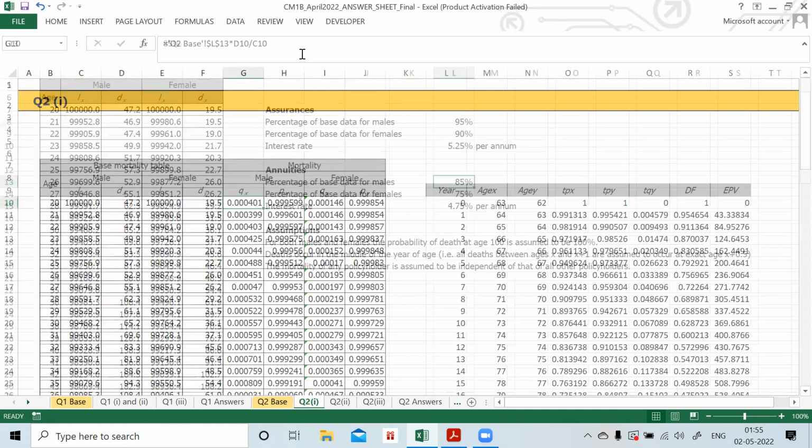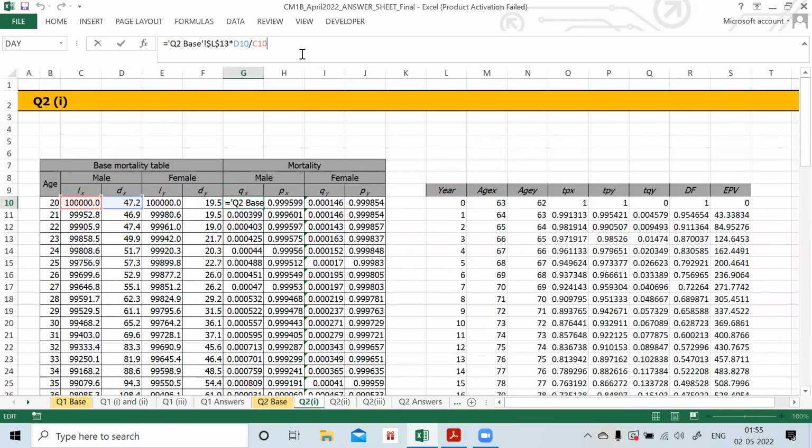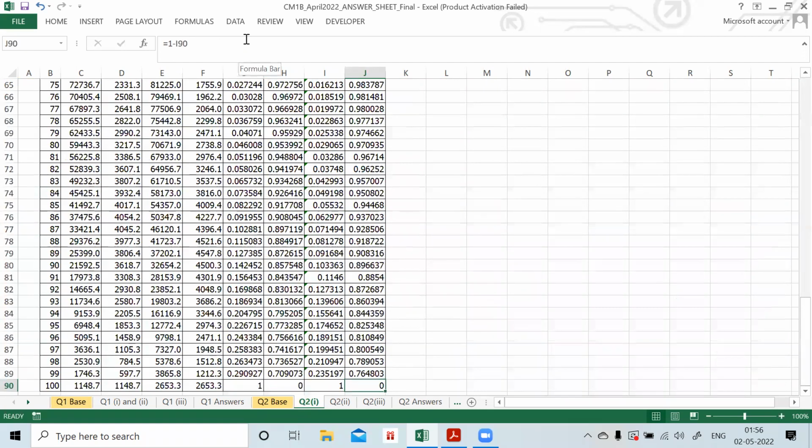So multiply 85% into dx by lx, which gives us qx, and px is nothing but 1 minus qx. Similarly, for females, we have 75% into dy by ly, and here again 1 minus qy will give us py. And for the last, we'll drag the formula down here.